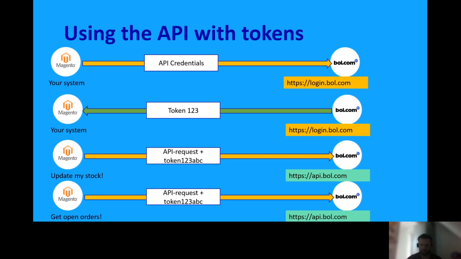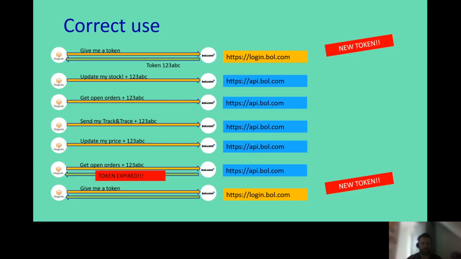You can update your stock, get your orders, get your returns, and send us track and trace. You can do all of this using the token that you got from login.bol.com. This is the way the login was meant to be used.